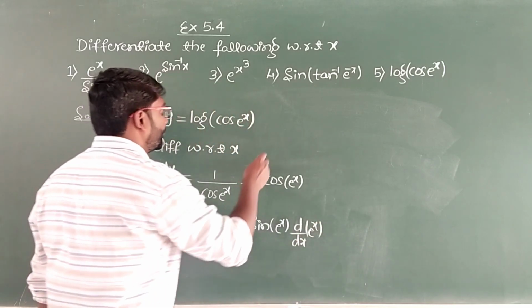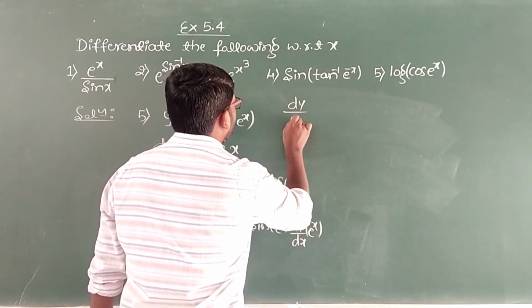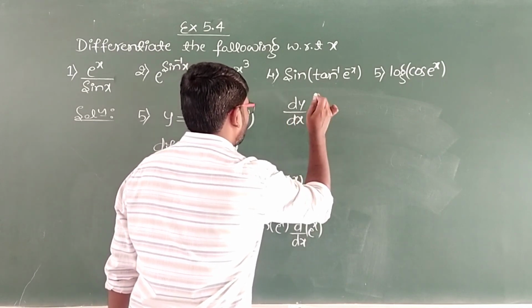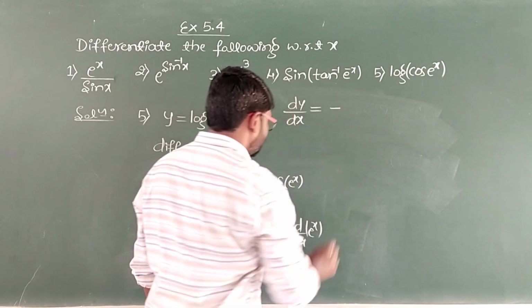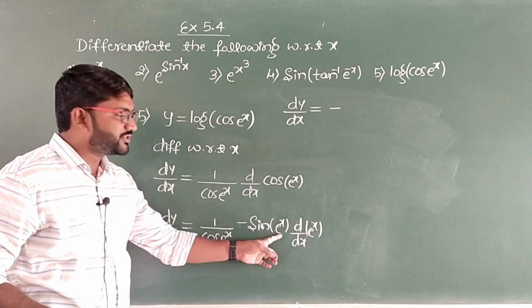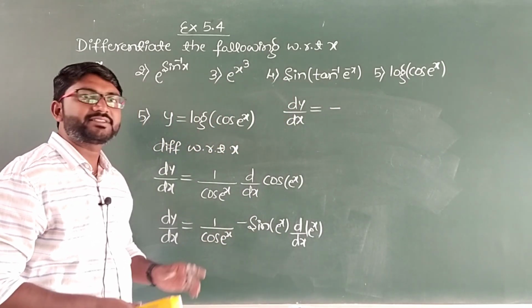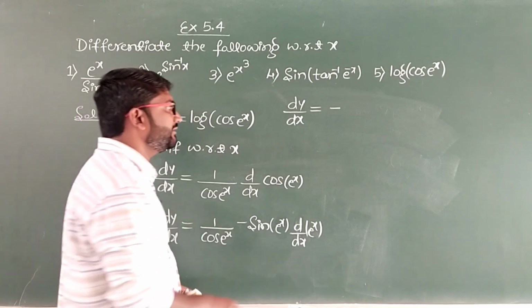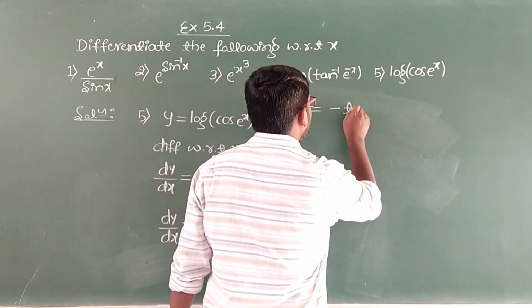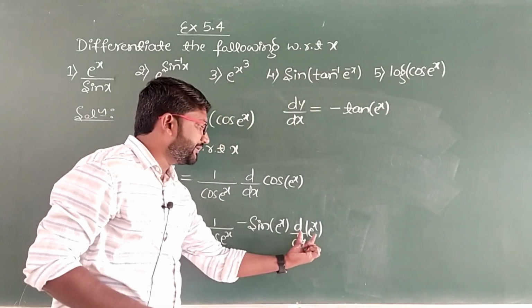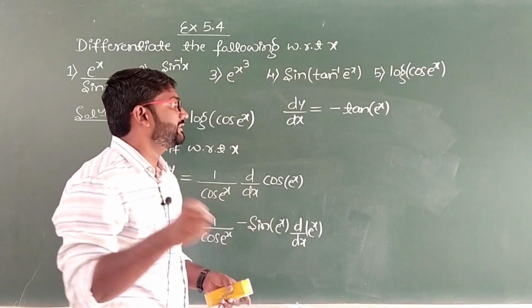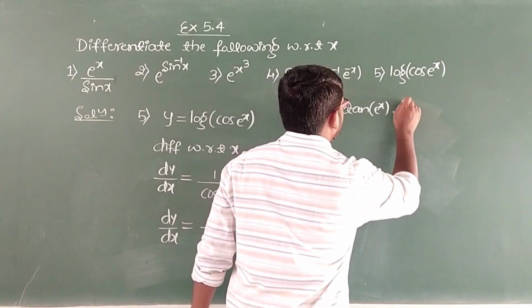In the next step, overall we have dy by dx which is equals to, I write this minus as it is, minus then sin of e raised to x by cos of e raised to x can be written as tan e power x into tan e power x, and then the derivative of e power x will be e power x itself. So I write here e power x.